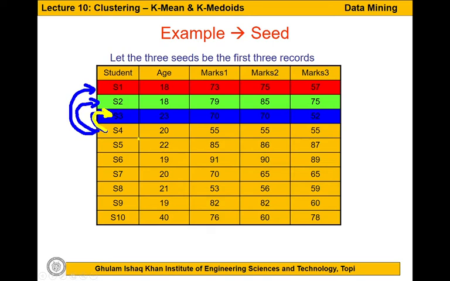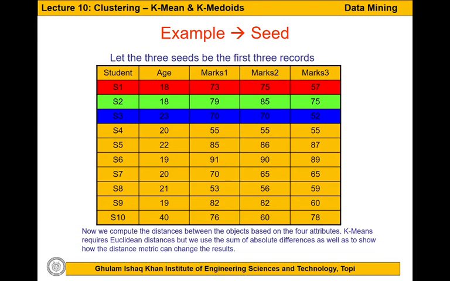Whichever cluster head S4 is nearest to, we will assign S4 to that cluster. For example, if it is nearest to cluster 1, I will assign it to cluster 1 and change its color as well. The same will happen for S5, 6, 7, 8, 9 and 10.